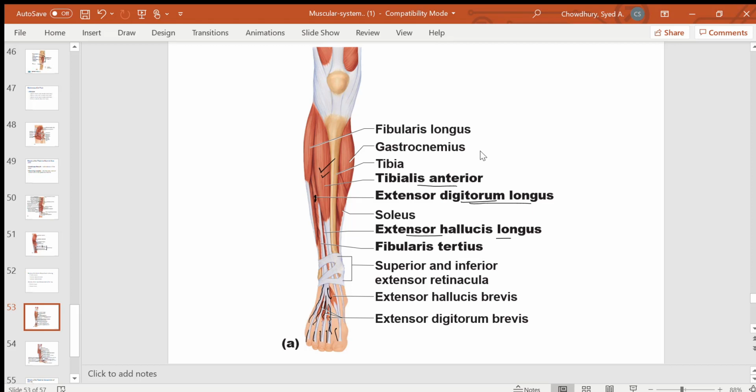Pollicis means thumb, hallucis indicates the big toe, remember. So extensor hallucis will go to the big toe. Extensor hallucis longus, there is also extensor hallucis brevis. Both of those tendons, this one and this one, will go to the big toe. Okay.